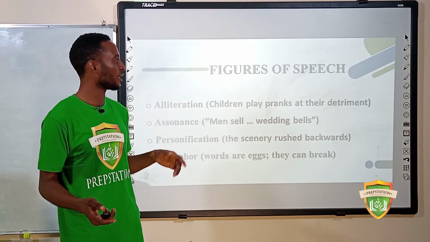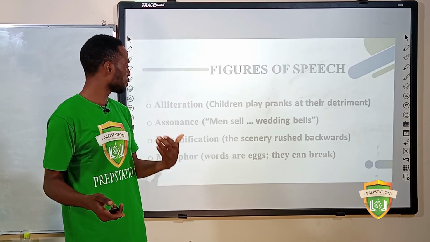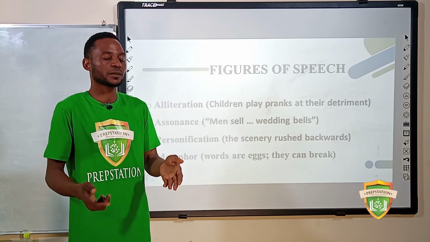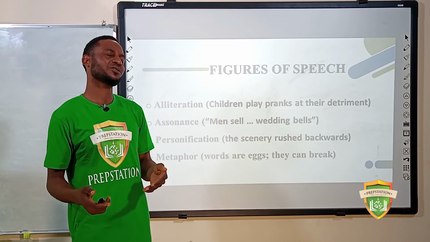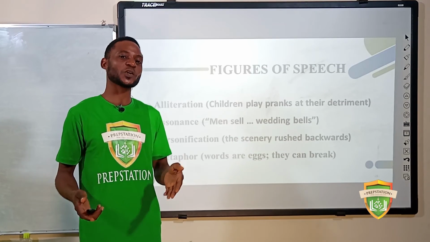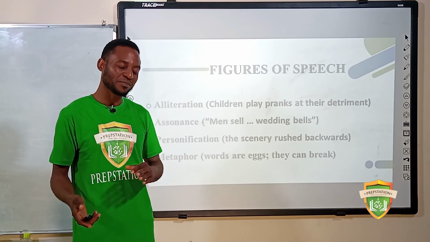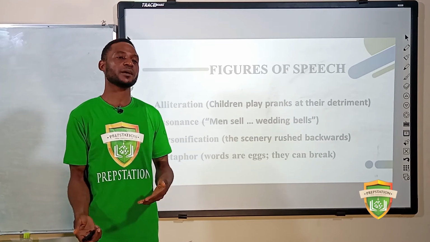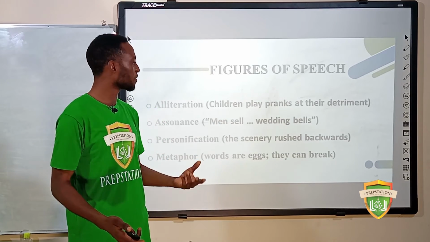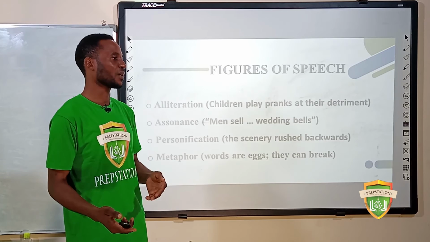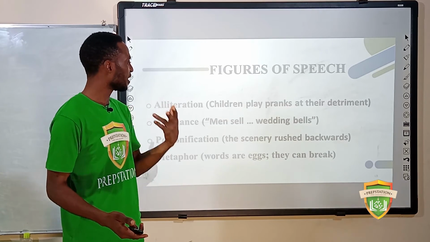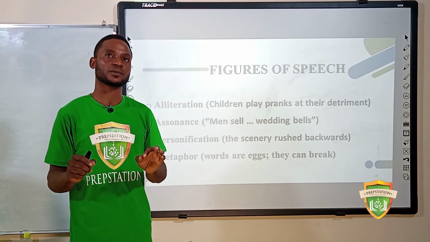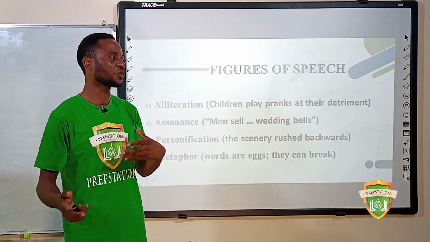So when you have that kind of usage, notice that it's a figure of speech and you might be tested on this particular one. Number two, you will also need to know what assonance is. Assonance, to some extent, is not a direct opposite of alliteration, but for the purpose of our discussion here, regard it as the opposite of alliteration. Because in alliteration, you have the repetition of the same consonant sound at the beginning of words that are close to each other.